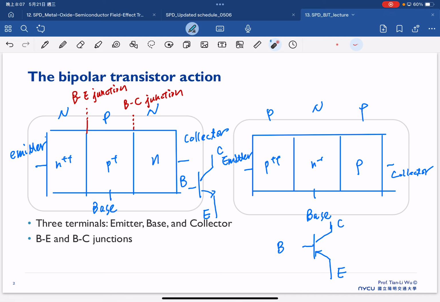I'm not sure why circuit-level lectures always put the BJT first. Anyhow, I would say the BJT is a little more complicated, which we will explain later.